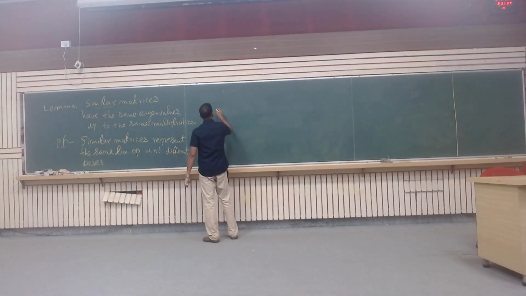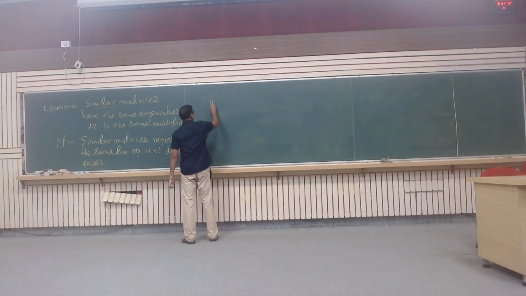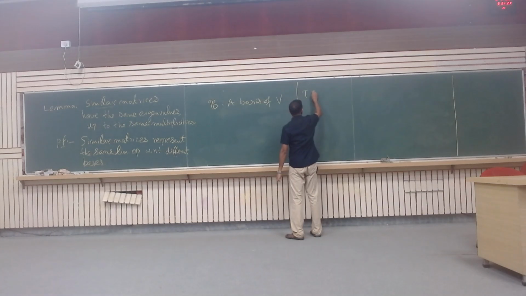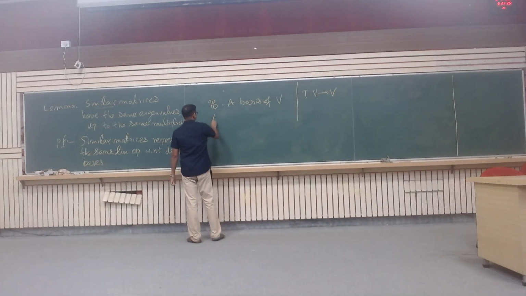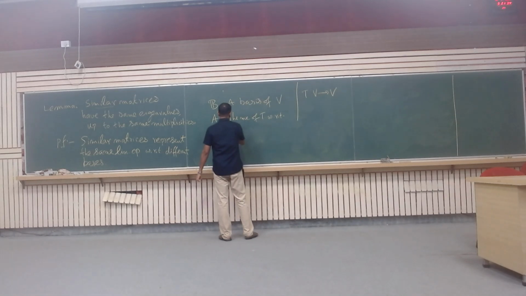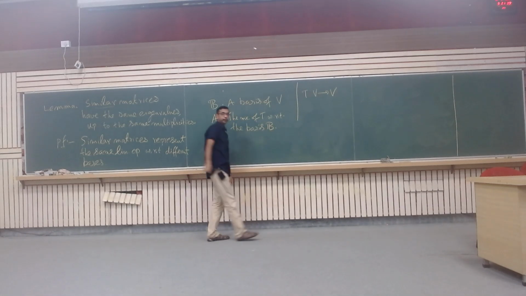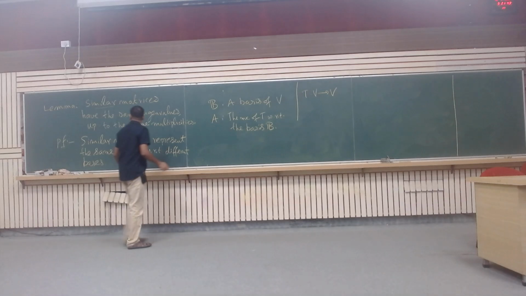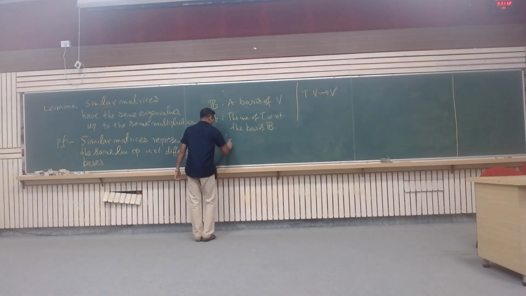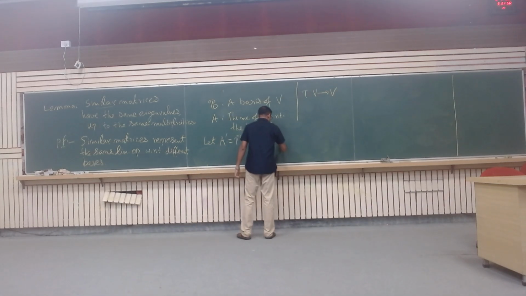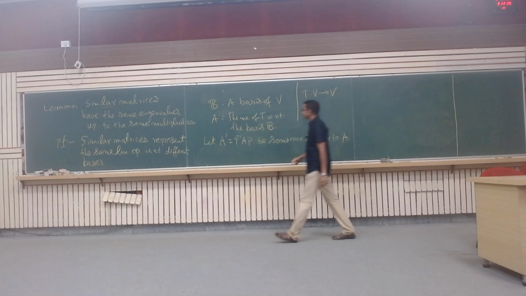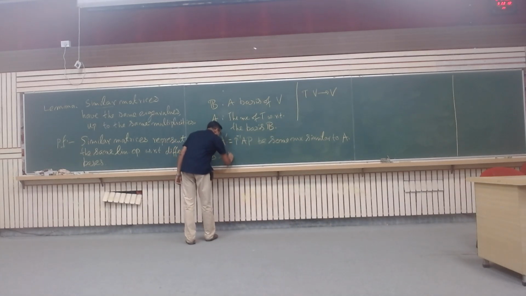All right. So now we suppose we take a basis B of some vector space V. Suppose we have a linear operator T from V to V, and B is a basis, and suppose A is the matrix of T with respect to the basis B. And consider another, now we are going to consider a matrix similar to A. So let A dash defined as P inverse AP be some matrix similar to A. Now consider the basis B dash defined as BP.